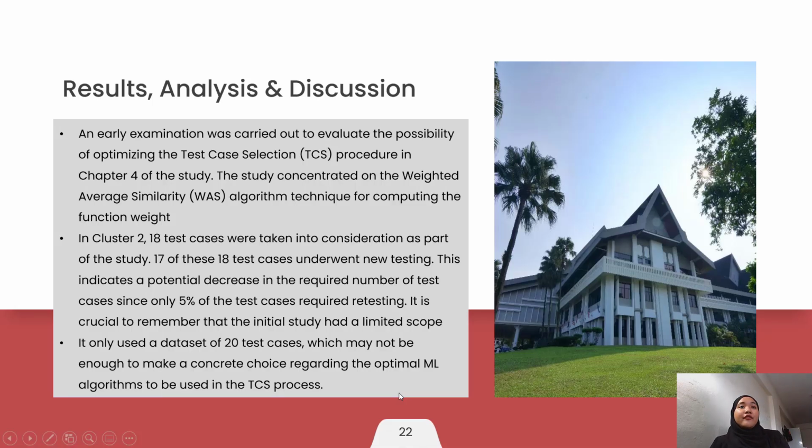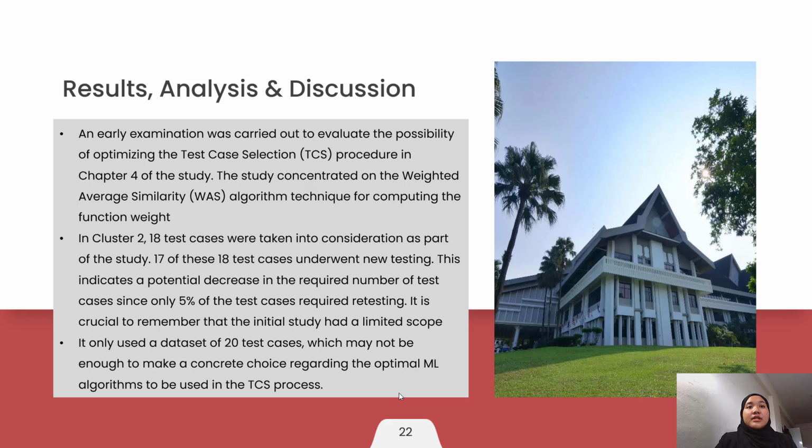So for the results, analysis and discussion, an early examination was carried out to evaluate the possibility of optimizing the TCS procedure in chapter 4 of the study, and the study concentrated on the WAS algorithm technique for computing the function weight. In cluster 2, which was chosen, 18 test cases were taken into consideration as part of the study.